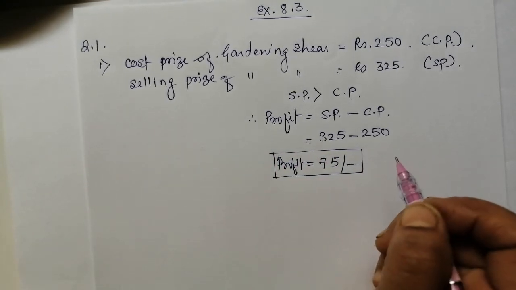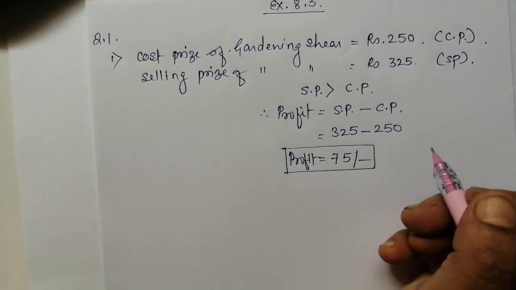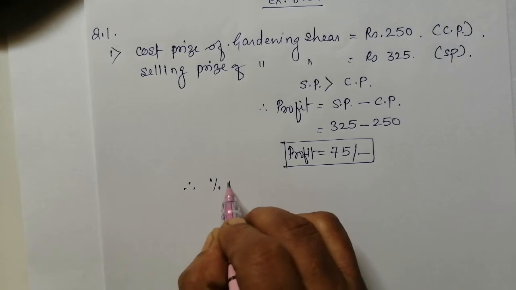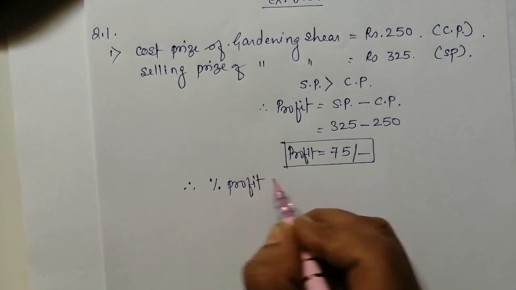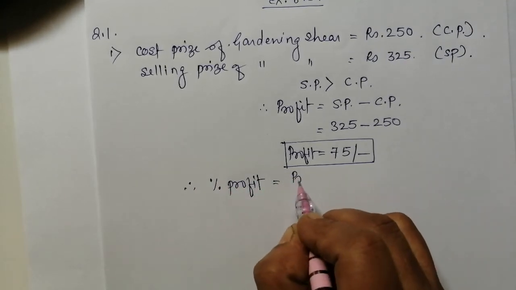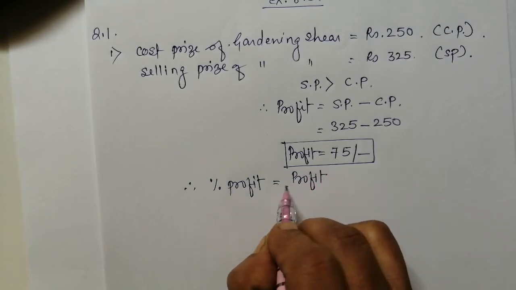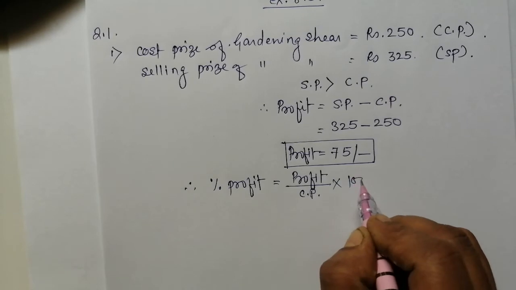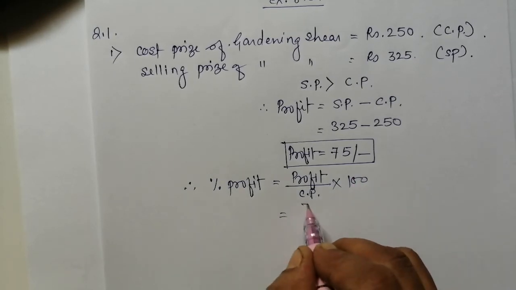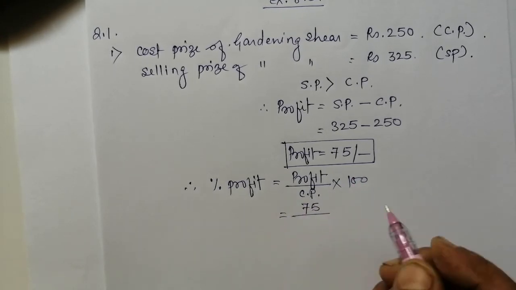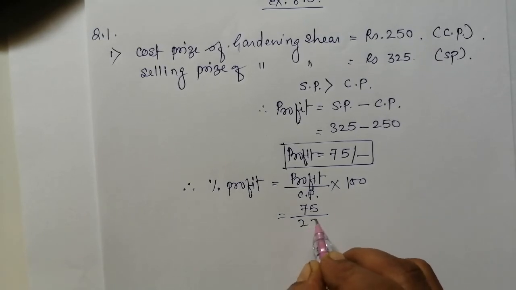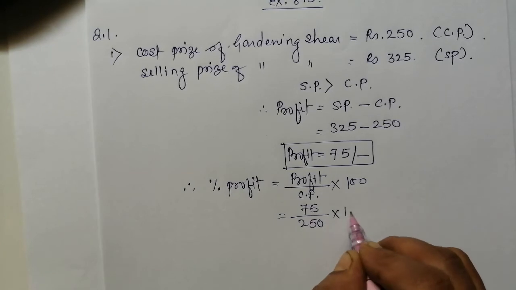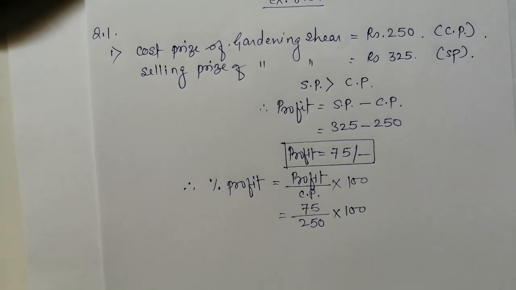But here it asks us to find the profit in percentage. So we will write, therefore, percentage profit is equal to profit divided by cost price multiplied by 100. Profit is here 75, cost price is 250, multiplied by 100.